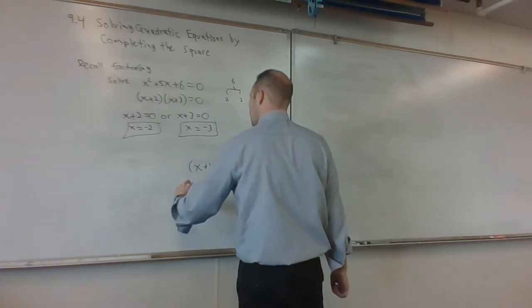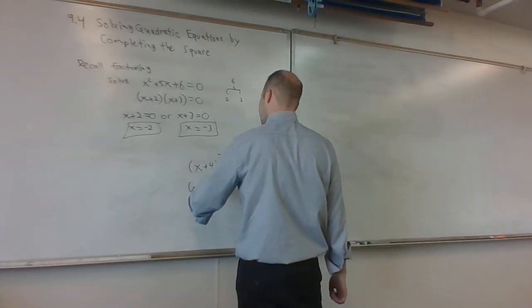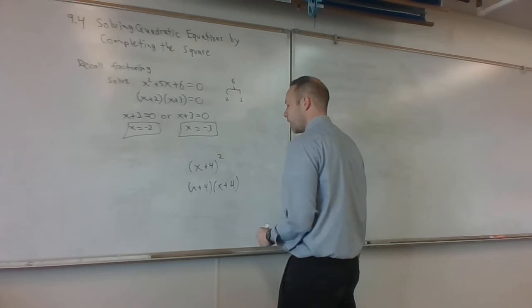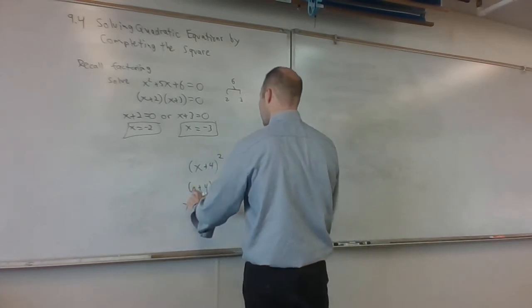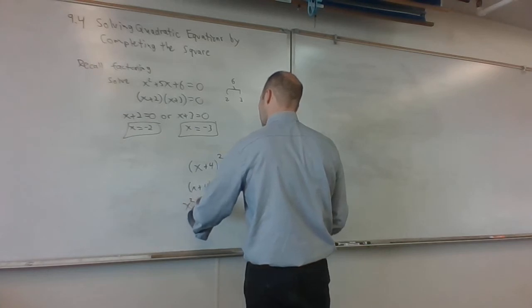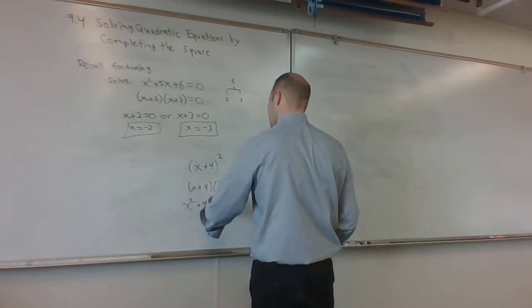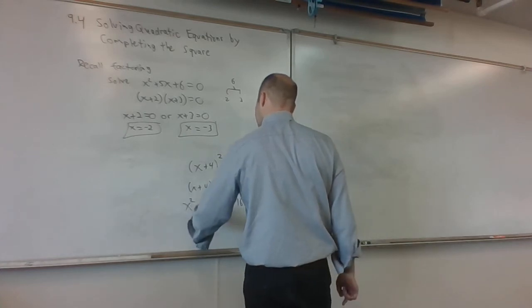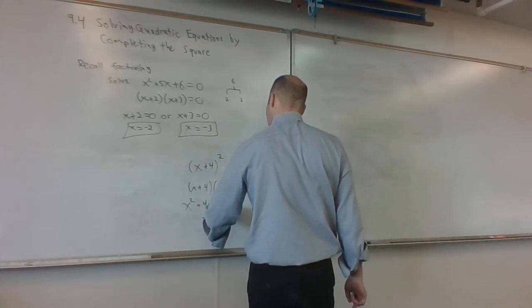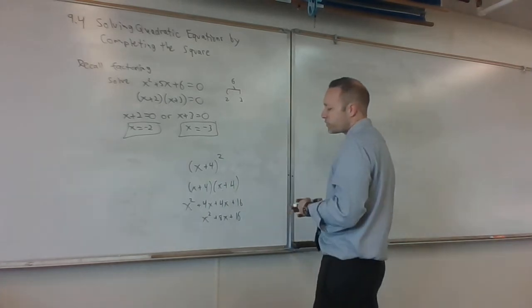Well, what is that but an x plus 4 times another x plus 4? If you multiply this out, x times x is x squared, x times 4 is 4x, 4 times x is another 4x, and 4 times 4 is 16, which simplifies to x squared plus 8x plus 16. And we saw a certain pattern here.